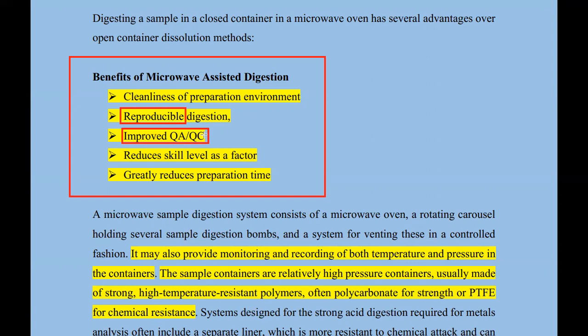We are likely to improve the assurance of the working environment. Here, you are likely to see an improvement in quality control and quality assurance. QA represents quality assurance, and QC represents quality control.